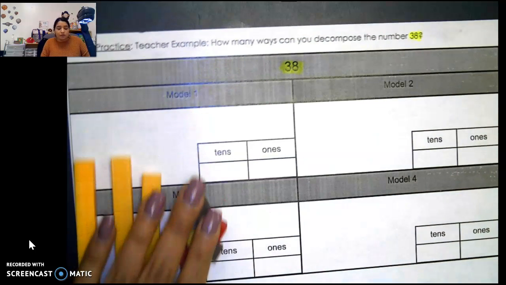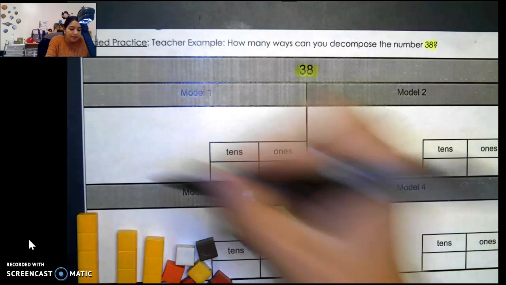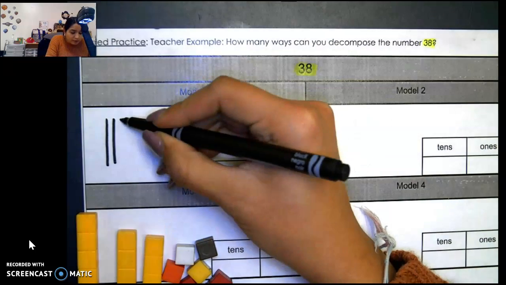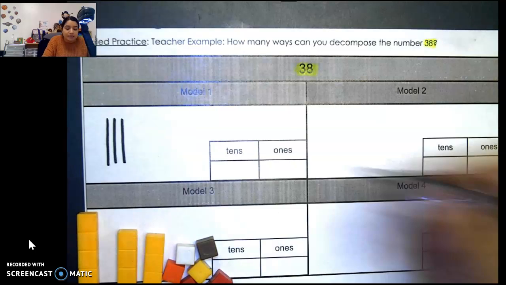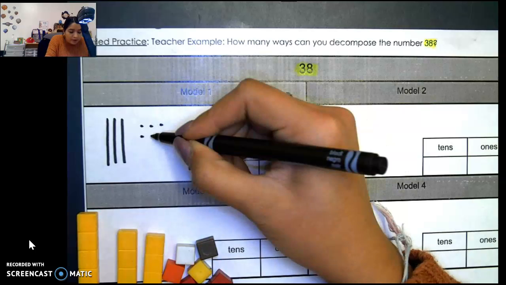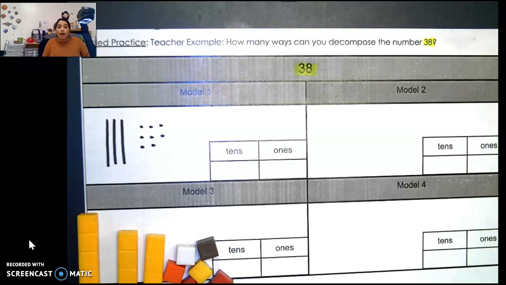So I'm going to go ahead and draw my tens and ones right here. So I have 1, 2, 3 tens, and 1, 2, 3, 4, 5, 6, 7, 8 ones.